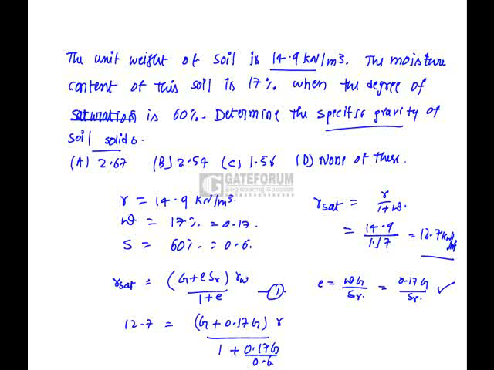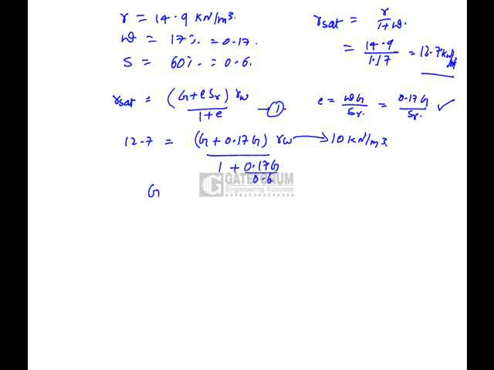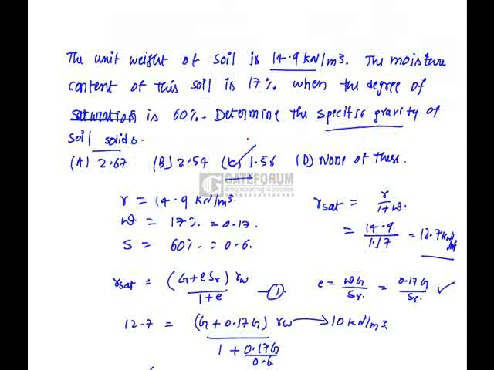If we solve this equation, with gamma w as 10 kilonewton per cubic meter, we will get the G value as 1.56. So option C is correct.